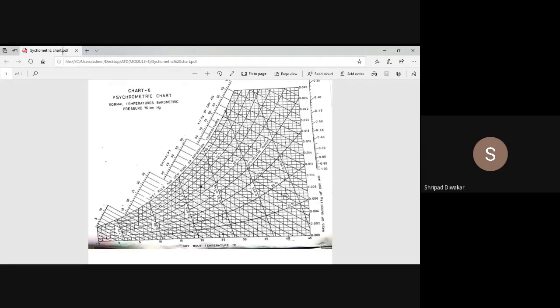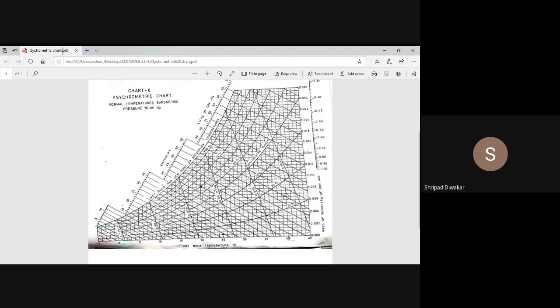Remember, to find any property we need two important properties, and only then can we locate the intersection point. In this problem, the two properties are a dry bulb temperature of 20 degrees Celsius and a wet bulb temperature of 10 degrees Celsius.